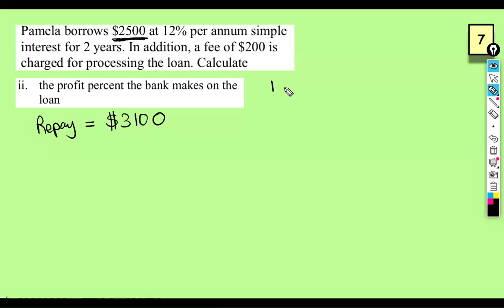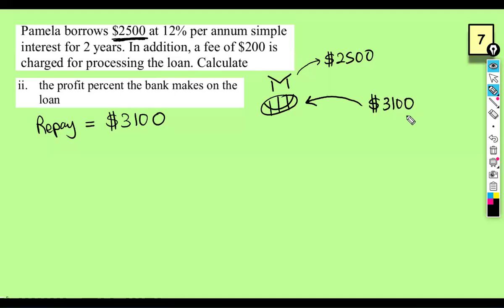Now the bank, let's pretend this is the bank man here, right? He's smiling, right? Because he lent you $2,500 and then you gave him back $3,100. How much extra dollars did he get?